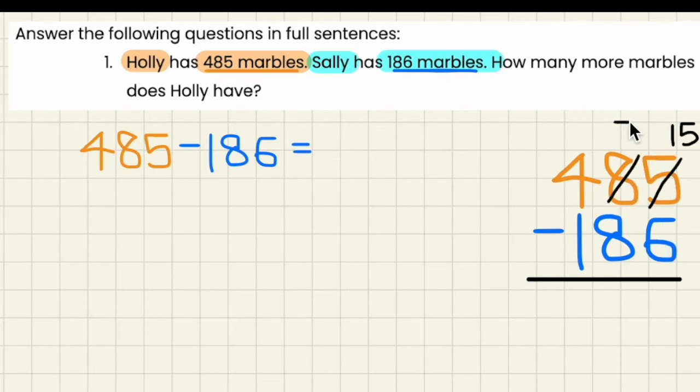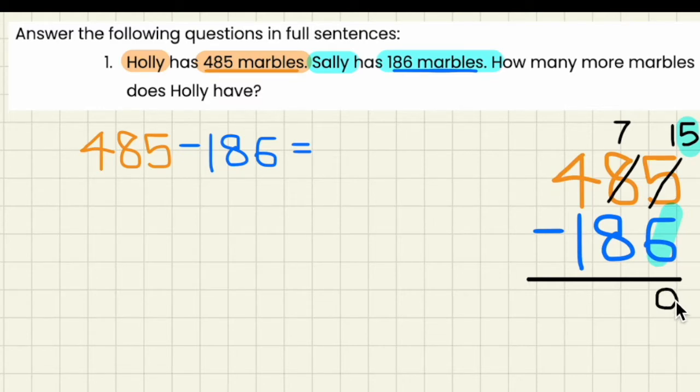So our number now would be 15 minus 6. And remember, when we borrow a 1 from the tens place, we have to subtract 1. So our tens place would now be 7 instead of 8. Going back to the ones place, what is 15 minus 6? That's right, it is 9.